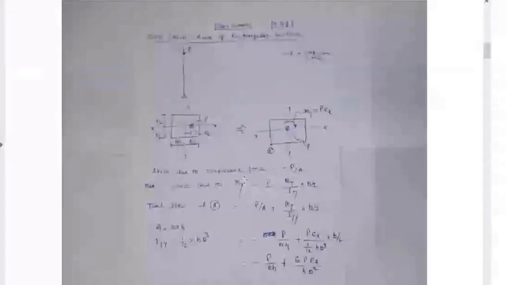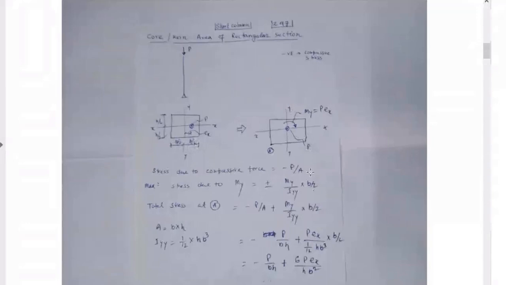That is M by I into y. Here M is My, I is Iyy, because this My is applied about the y-axis, multiplied by y, the distance of the extreme fiber. For the maximum stress due to the bending moment, y will be b by 2, because the cross sectional dimension along the x-axis is b.